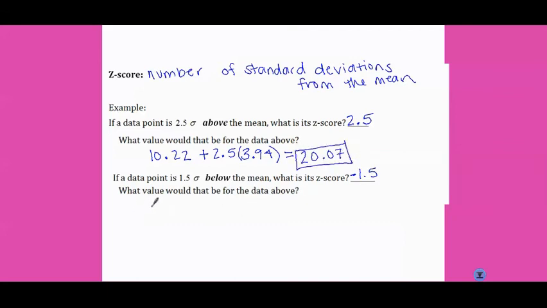So same idea here, 10.22. Since we're going below, we would subtract 1.5 times the standard deviation. Again, type it in our calculator, and we get 4.31.